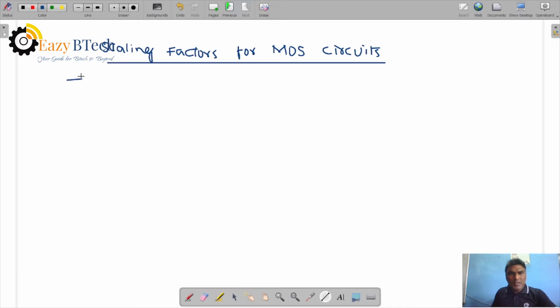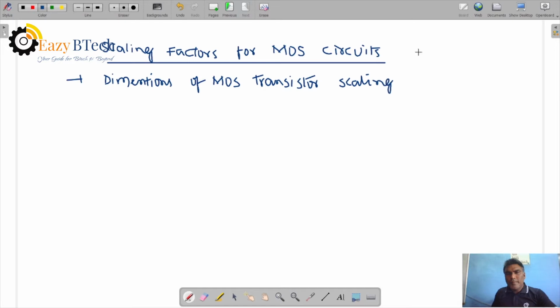Scaling factor is dimensions of MOS transistor. MOS transistor scaling.